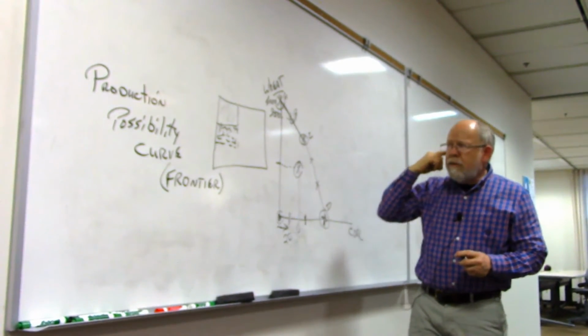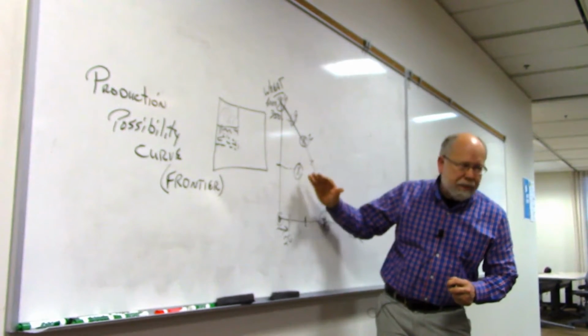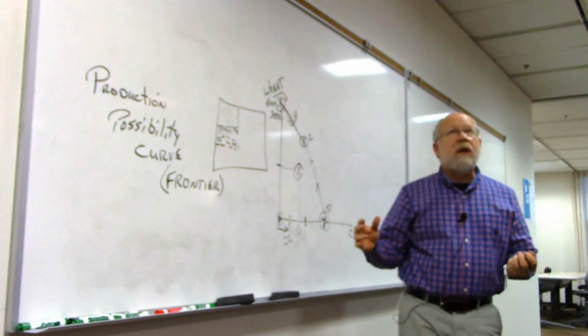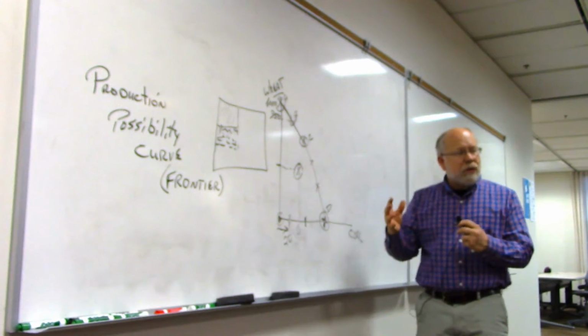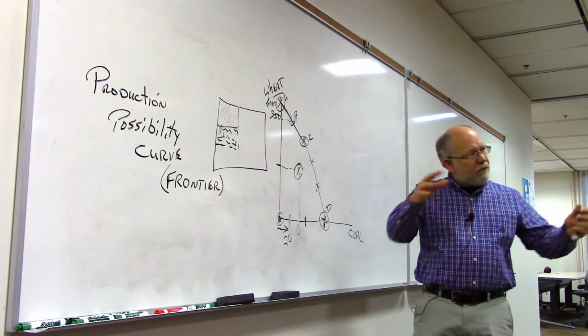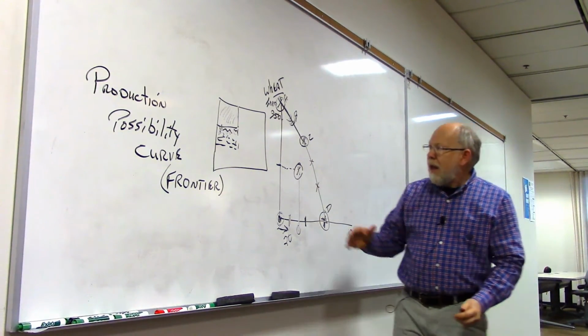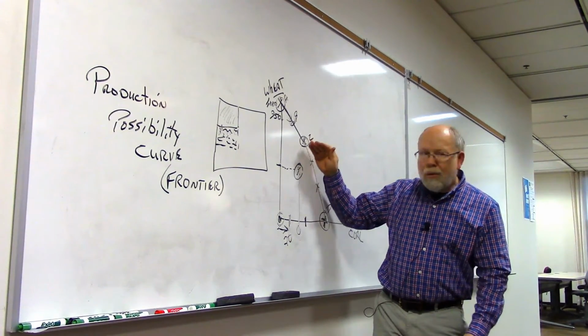Sometimes there are external events that might cause our production possibility curve to collapse. For instance, in this room, we have electricity, we have lights, and that's running the cameras. If all of a sudden those lights went out because of lack of electricity, then we would have to stop filming this particular section, and the production possibility curve of producing these short tutorials would collapse.